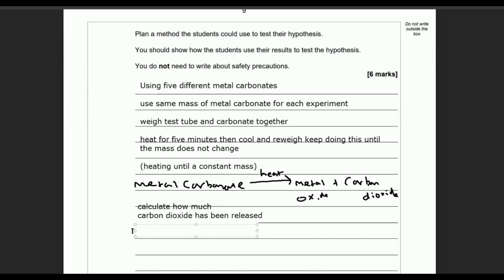So I might want to say how I do that. Take the mass of test tube and carbonate before minus test tube and oxide after. So that's how you're going to find that out. That's the calculation you're going to do.